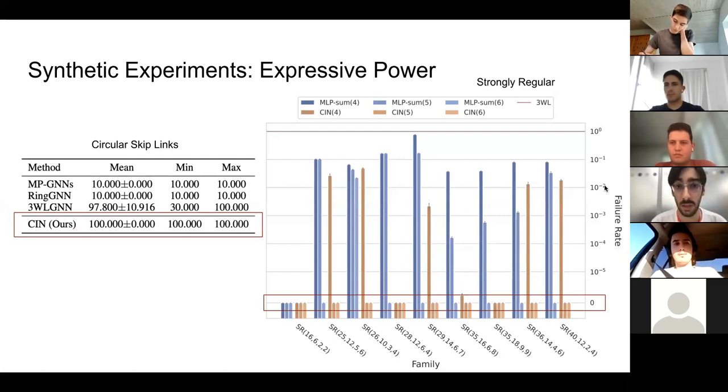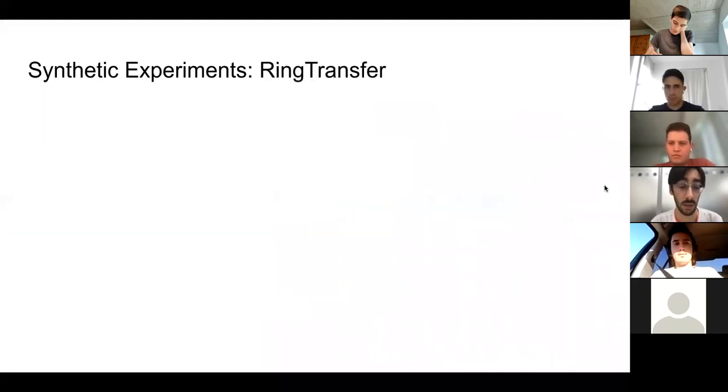This baseline is very strong and attains very good performance, but at the same time, we notice that we always gain something by performing message passing with our network with respect to this basic baseline, which does not. So this is again something reassuring.